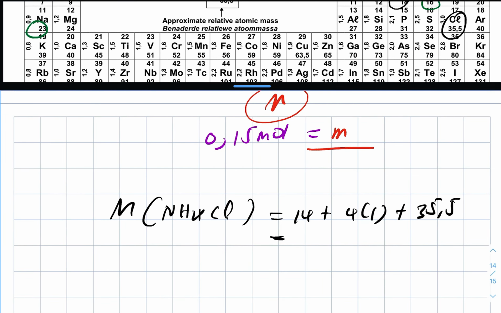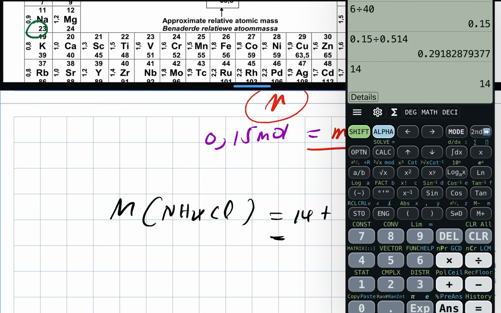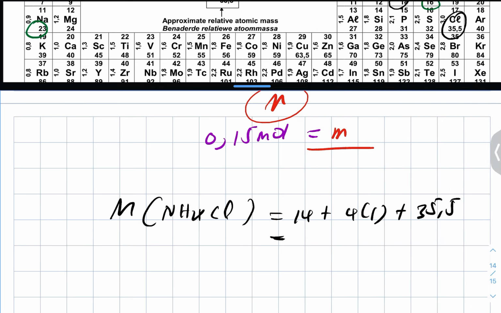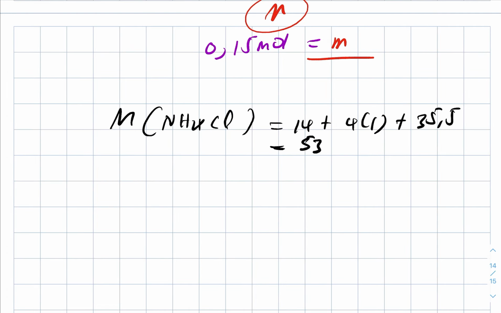Now I just need to add the numbers together. So I have 14 plus 4 times 1, which is 4, plus 35.5. That's going to be 53.5 grams per mole.